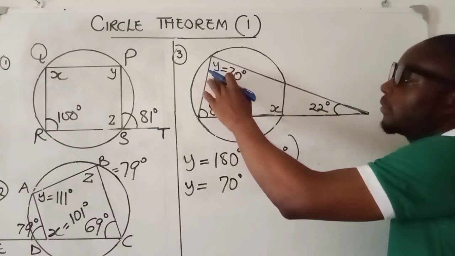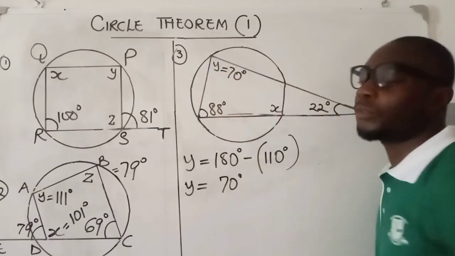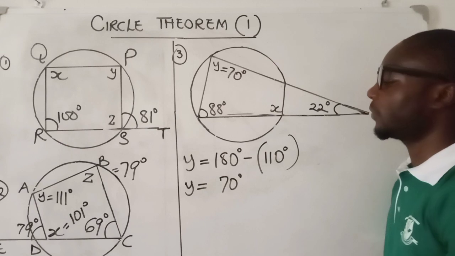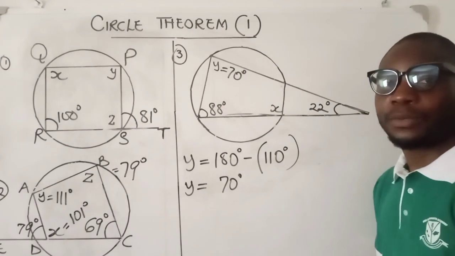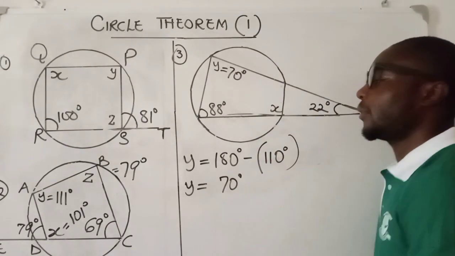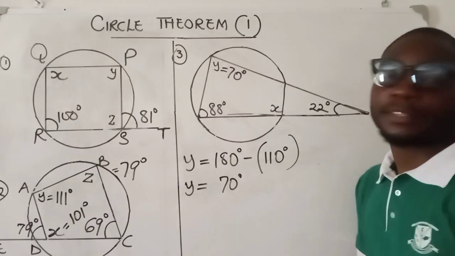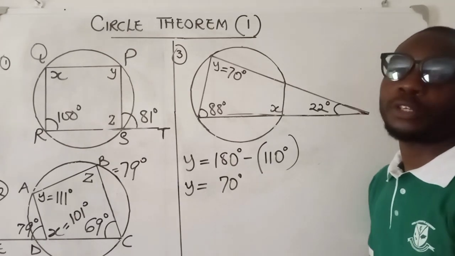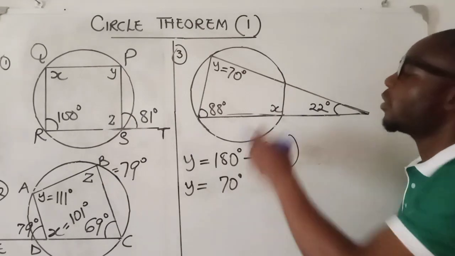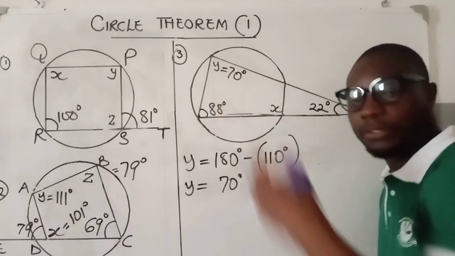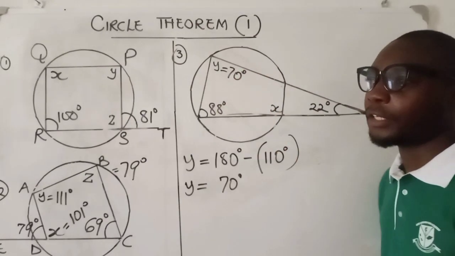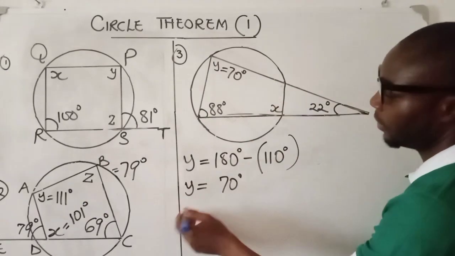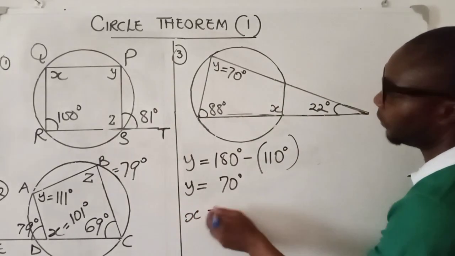So y degrees plus x degrees is equal to 180 degrees. So the value of x is now equal to 110 degrees, because 110 degrees plus 70 degrees is equal to 180 degrees. So in this case, the value of x is equal to 110 degrees.